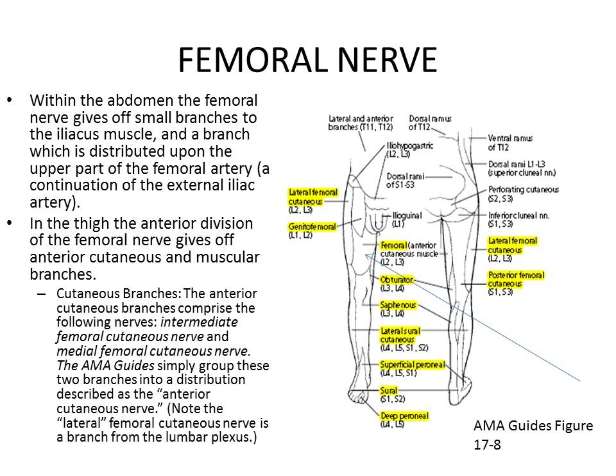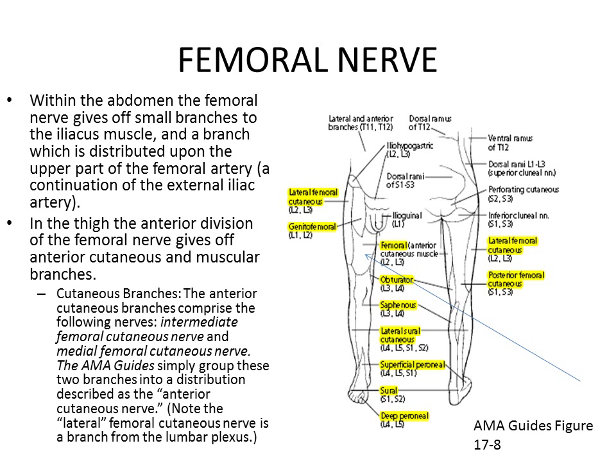The AMA guides simply group these two branches into a distribution that they call the anterior cutaneous nerve. So just remember that when you're looking at figure 17.8 in the AMA guides, where it shows what they call the femoral anterior cutaneous nerve, that is actually the distribution of two smaller cutaneous nerves, the intermediate cutaneous nerve and the medial cutaneous nerve.